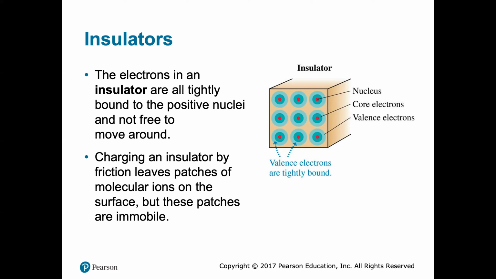The electrons in an insulator are all tightly bound to the positive nuclei, and they're not free to move around. So charging an insulator by friction leaves patches of molecular ions on the surface, but these patches are immobile. For example, this is, let's say, an insulator.